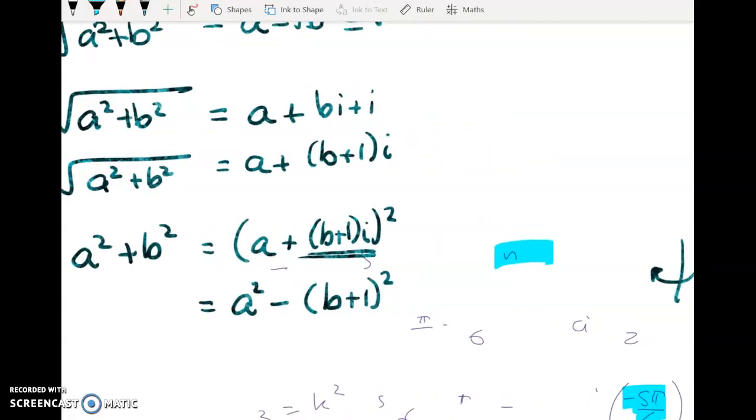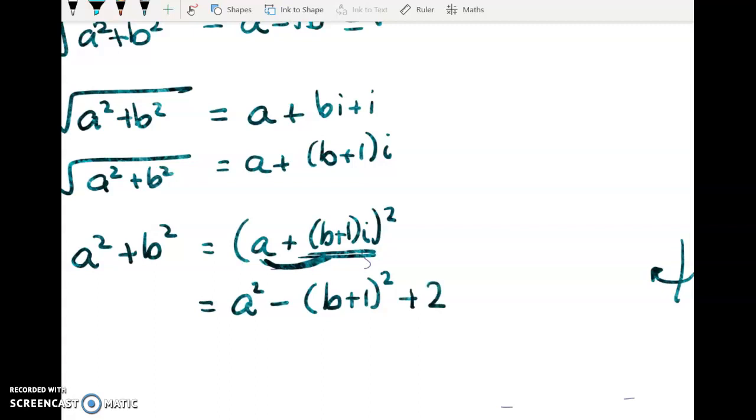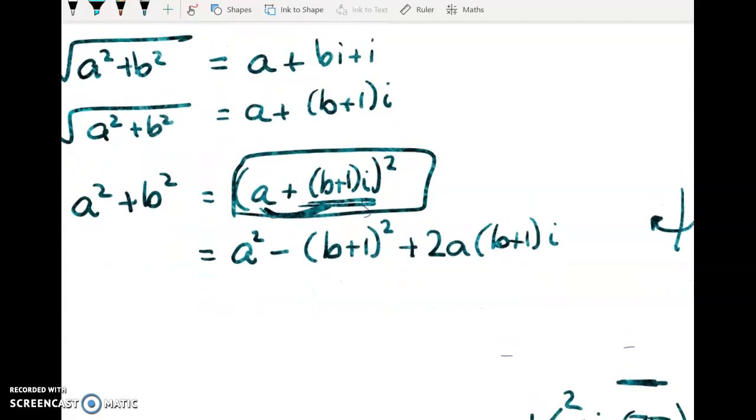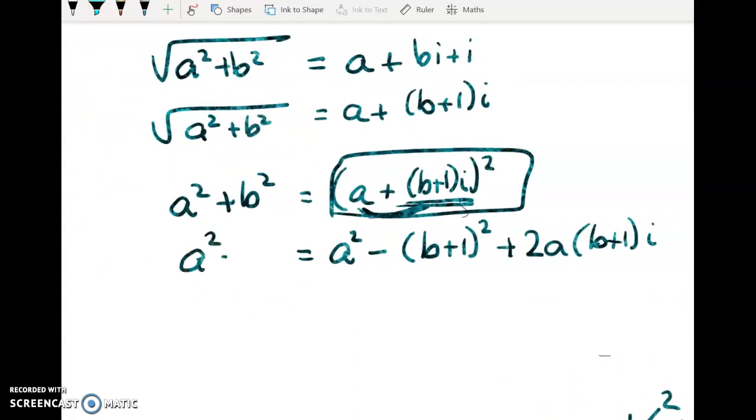Leo, if this is a bit too fast, let me know and I can add some stuff into the comments, but hopefully this will be fine. And then the last bit is the combo bit with the a and the b plus 1i, so it's going to be plus 2a times b plus 1i. So all I'm doing here is just expanding that quadratic. Okay, so we've got a squared plus b squared is equal to all of that.